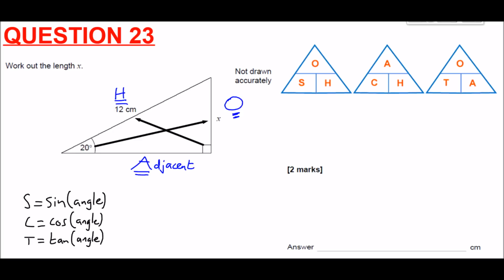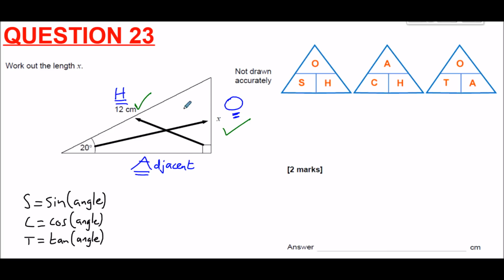Now what we can do is we can tick off what we know. So we know H. Also tick what you want to know, which is finding X. So we know H, we want to find O. As for the adjacent, we don't know it, we don't want to know it, so we don't care about this bottom side.